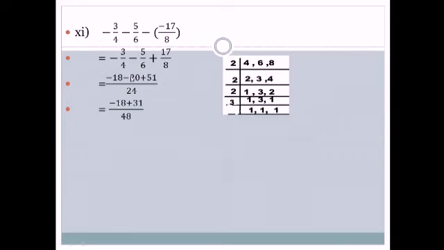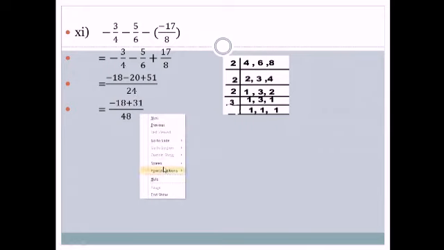You are going to solve minus 20 and plus 51. From 51 you subtract 20, you get 31. Answer is 31. But you put the plus sign because when one number is negative and the other positive, we subtract them and put the sign of the greater number, plus 31.